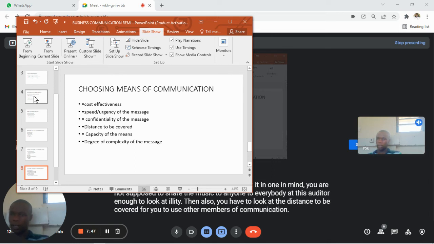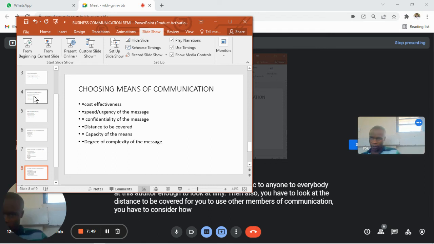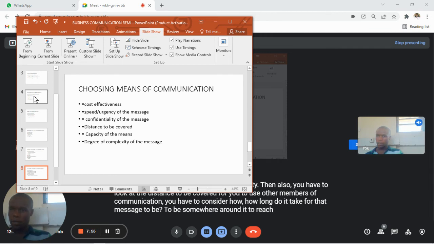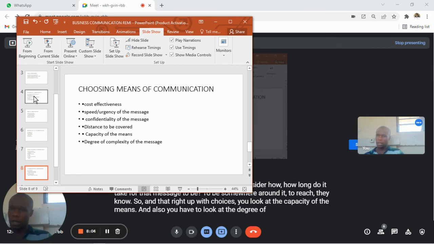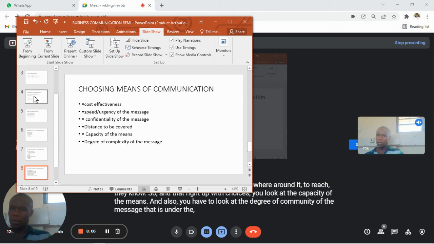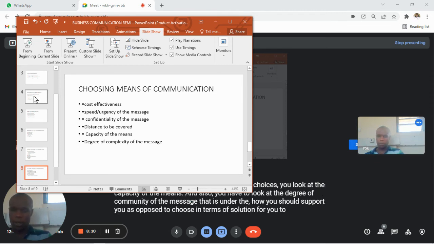You have to consider how long it will take for that message to reach where you want it to go. Then another factor is the capacity of the means. Then also you have to look at the degree of complexity of the message. That is how you should choose the means of communication to pass a certain message.